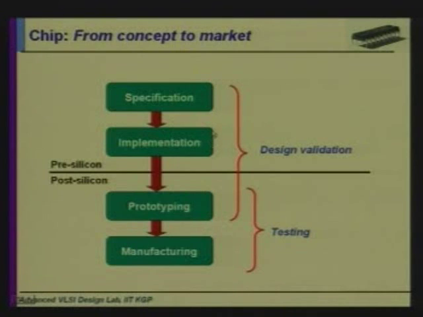So that is why we create a prototype, and then we try to go for manufacturing. But during these 3 steps, we try to fix all the design bugs that are present in the specification or implementation or prototyping. So these are basically a feedback loop kind of thing.